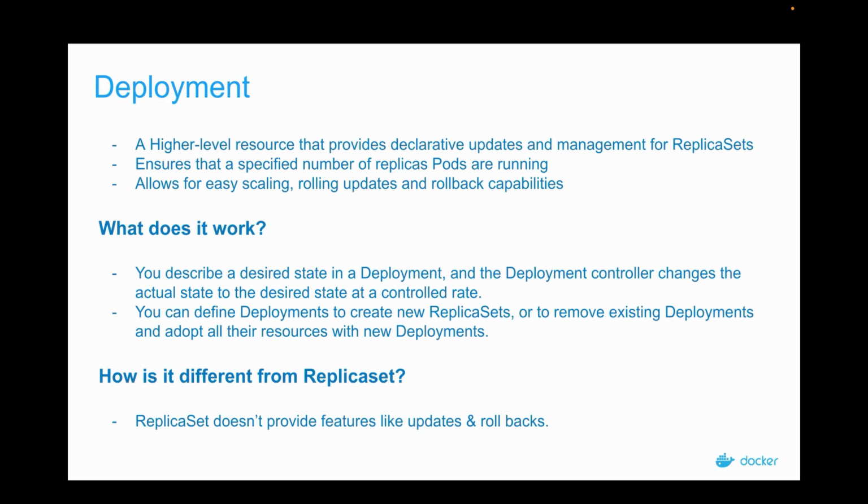In a single sentence, you can say Kubernetes deployment offers a robust and flexible mechanism for deploying your application. It simplifies the process of updating and scaling your application, providing versioning as well as rollback capabilities, and ensuring high availability and reliability in your Kubernetes cluster.